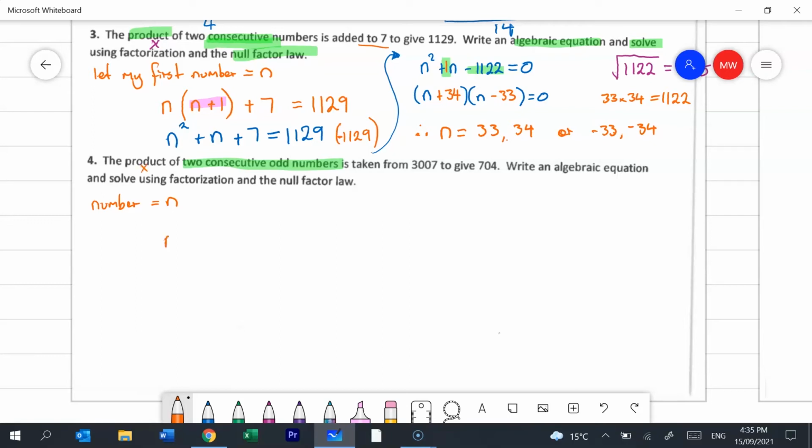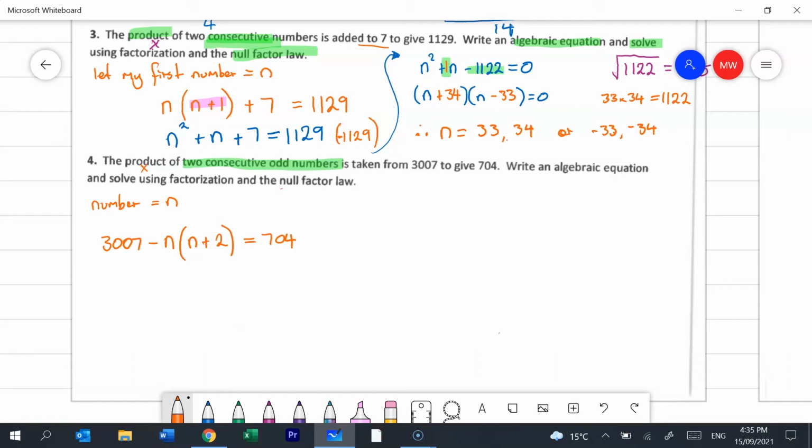So we've got n multiplied by, this time, n plus 2, because it's 2 numbers larger. And that is taken from, so subtracted from 3007 to give an answer, in other words, equals 704. Looks good.